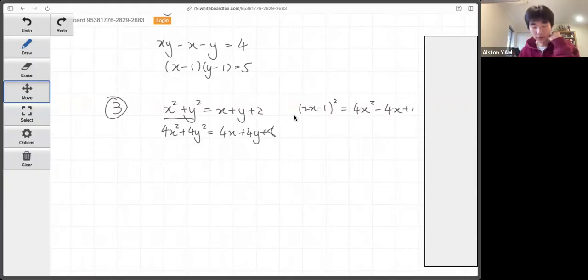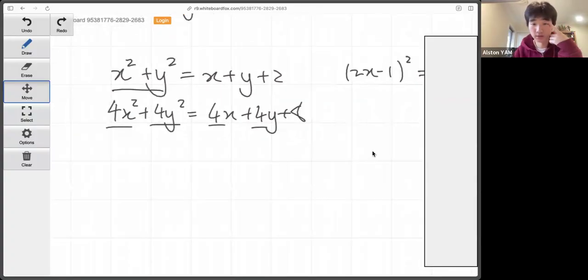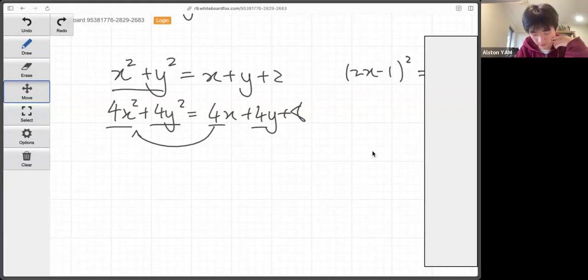All right, and then you see how we have 4x squared, 4x, 4y squared, 4y. And that's pretty easy to factorize, right? That's not too bad to factorize. So I'll move the 4x over to the side. You'll see why in a second. So I'll move the 4x over here.